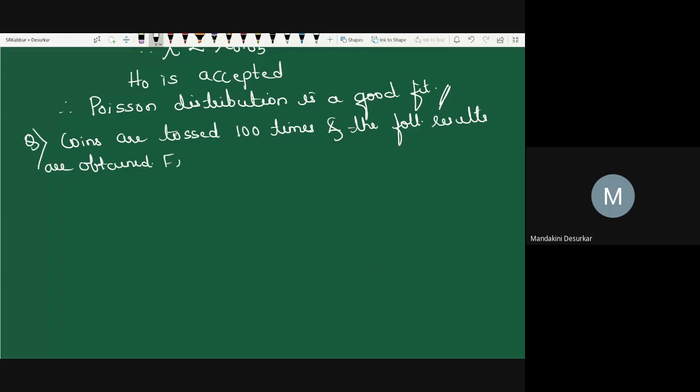Fit a binomial distribution, underline the words, fit a binomial distribution for the data and test the goodness of fit.